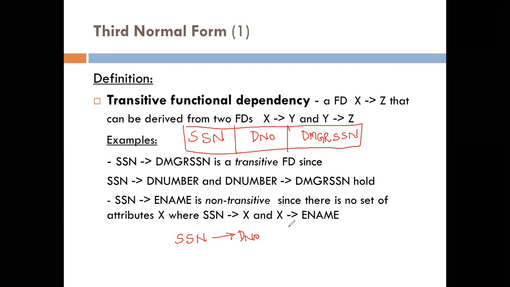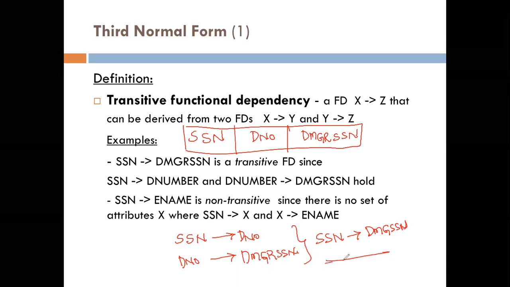On the other hand, the department manager SSN is dependent on the department number, because it is the department number that will determine who is the manager. So another functional dependency in this scenario is the department number determining the department manager SSN. Now when we apply the transitive property, we can deduce that indirectly SSN is determining the department manager SSN.